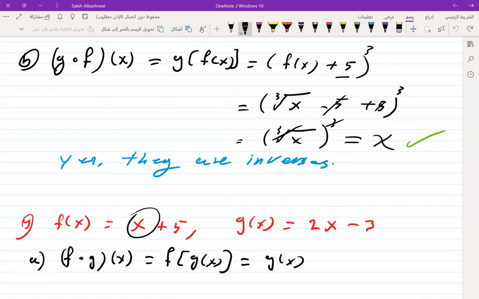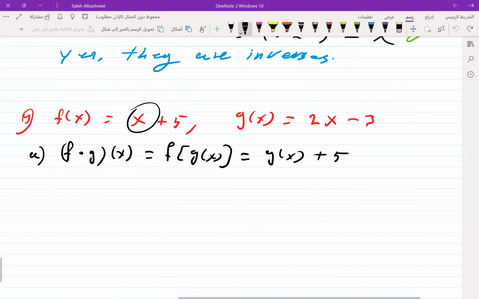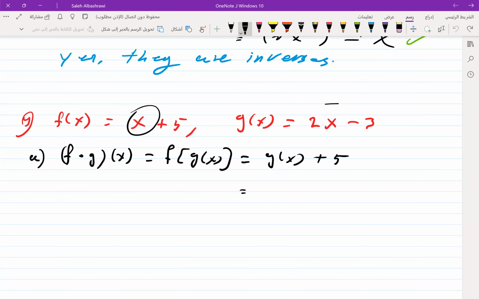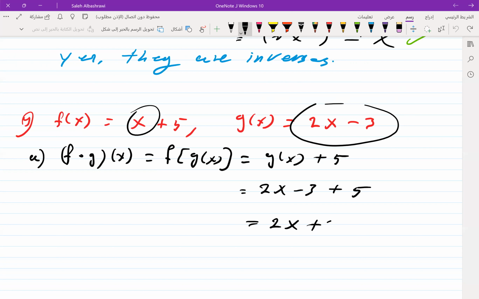So it is g of x plus 5, where g of x is equal to 2x minus 3, plus 5, which is equal to 2x plus 2. But this is not equal to x. It means the first condition is not satisfied. So no need to check the second condition because one of them is not satisfied. So these two functions are not inverses.